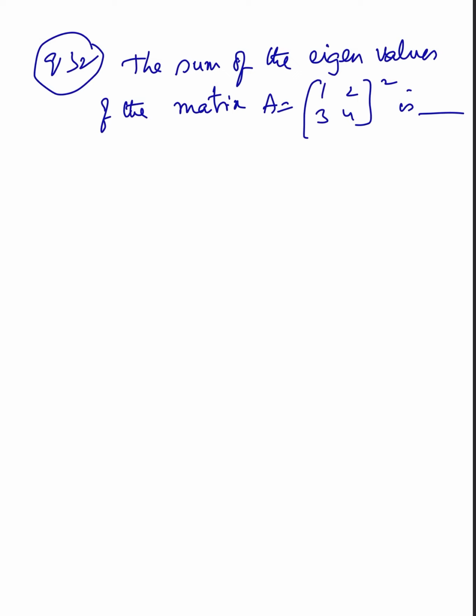Okay. See this. It's a mathematics question. Even then you can do it easily. Sum of the eigenvalues of the matrix. Do you know what an eigenvalue is? Let lambda be an eigenvalue.